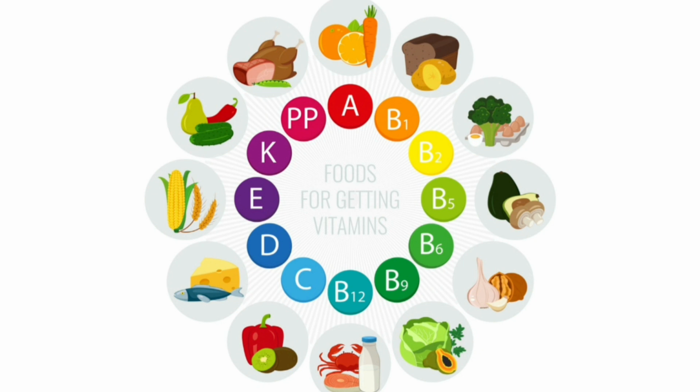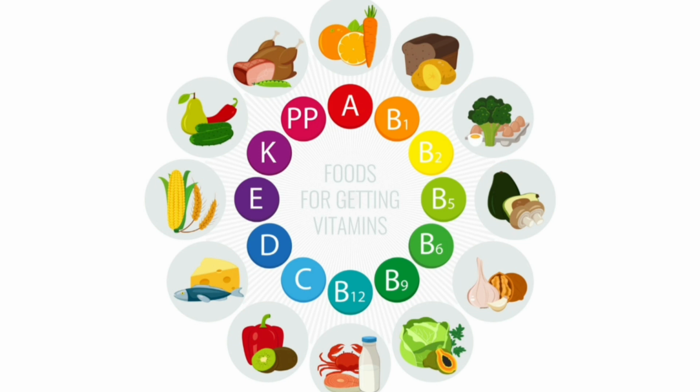Starting from vitamin A, you can see the orange foods mainly, the carrots, the oranges, etc. B1 is mainly bread, for B2 broccoli and egg are given, for B5 some mushroom and avocado are given, for B6 garlic is given, etc. and for B9 cabbage and papaya are given, for B12 crab, milk, etc.